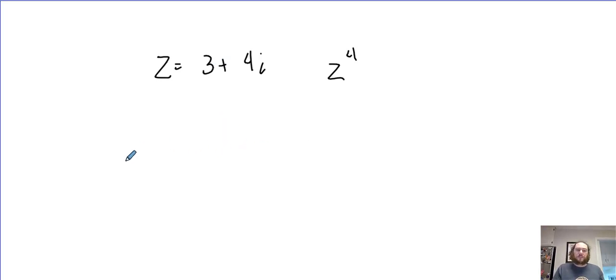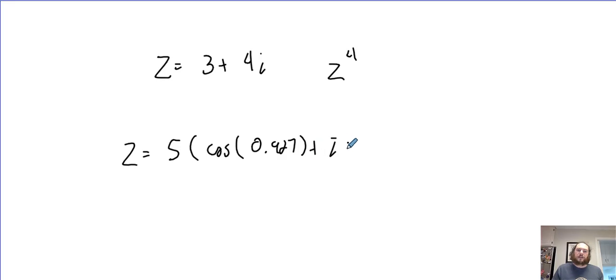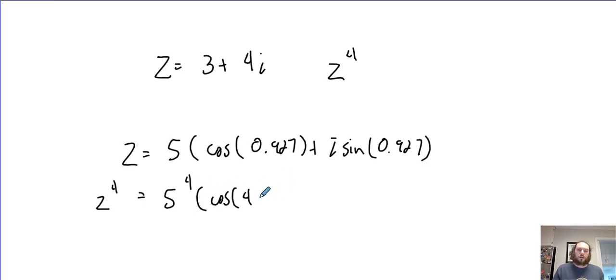So instead, I could write my z in terms of its polar form. We've done that: 5 cosine of 0.927 plus i sine of 0.927. Now I can use de Moivre's theorem. If I want to find z to the 4, it becomes 5 to the 4 times the cosine of 4 times 0.927, plus i sine of 4 times 0.927.